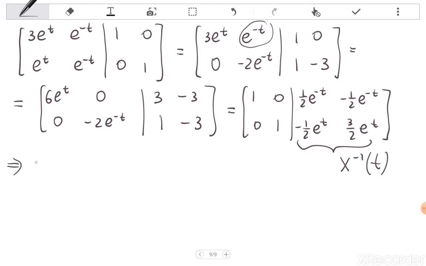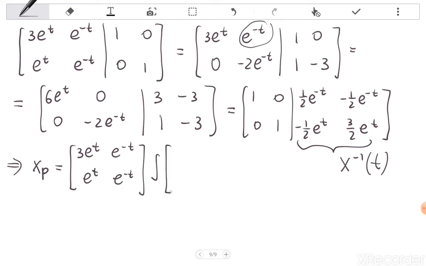So now the particular solution is x of t, 3 e to the t, e to the minus t, e to the t, e to the minus t, the integral of x inverse, so half e to the minus t, minus a half e to the minus t, minus a half e to the minus t, 3 over 2 e to the t here.